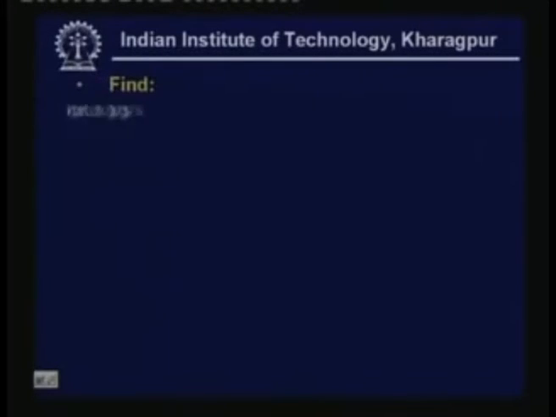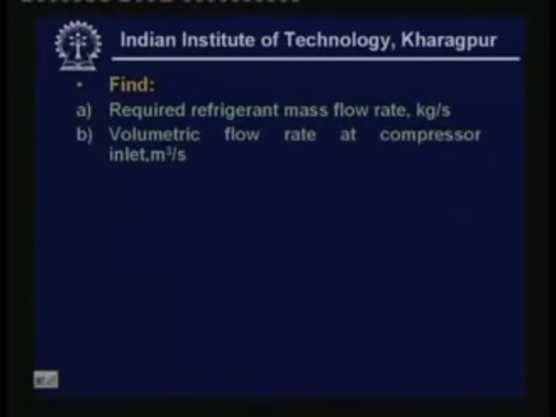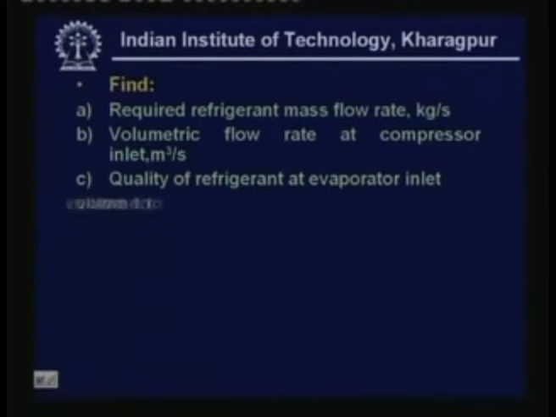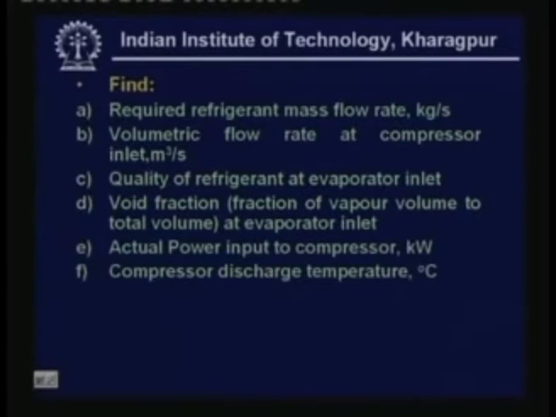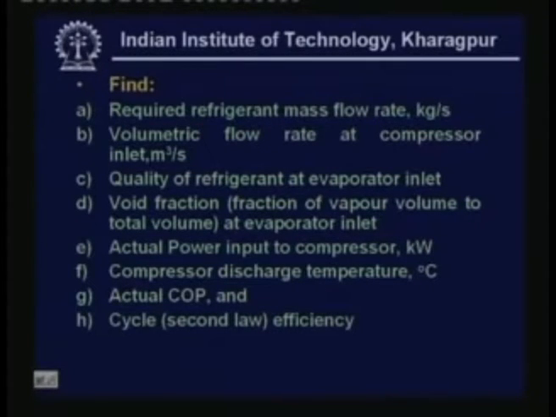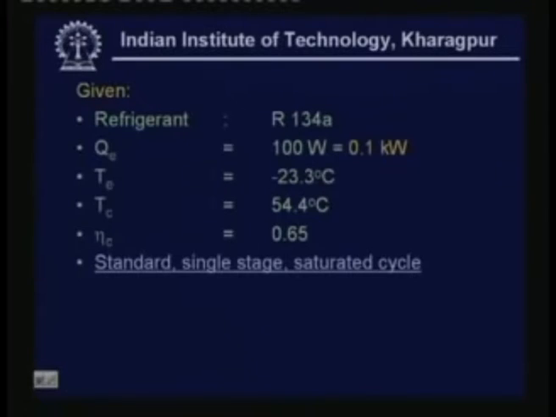From this information we have to find out the required refrigerant mass flow rate in kg per second, the volumetric flow rate at compressor inlet in meter cube per second, quality of refrigerant at evaporator inlet, void fraction at evaporator inlet, actual power input to the compressor in kilowatts, compressor discharge temperature, actual COP, and finally the cycle or second law efficiency.